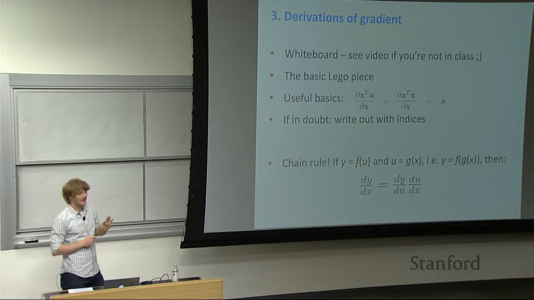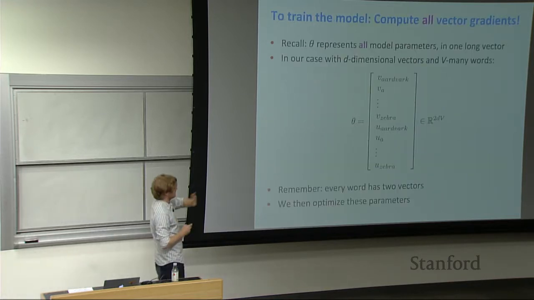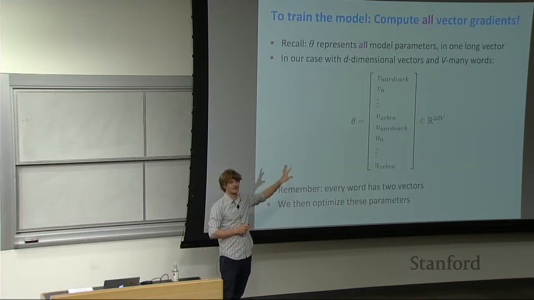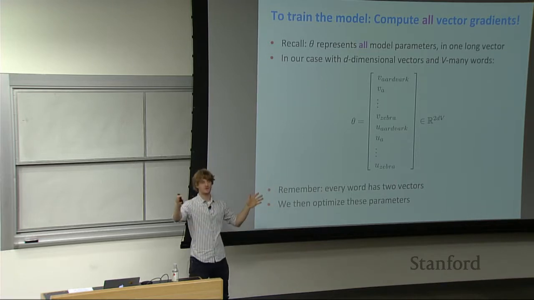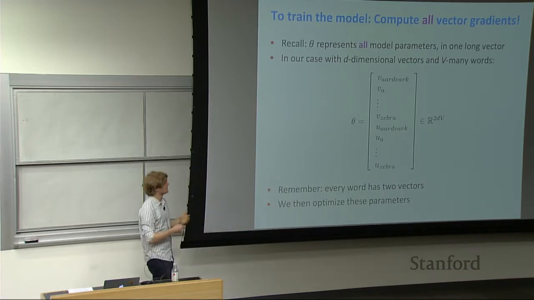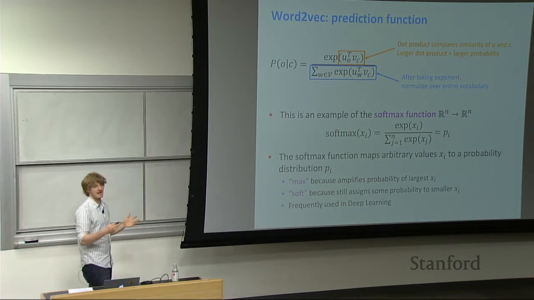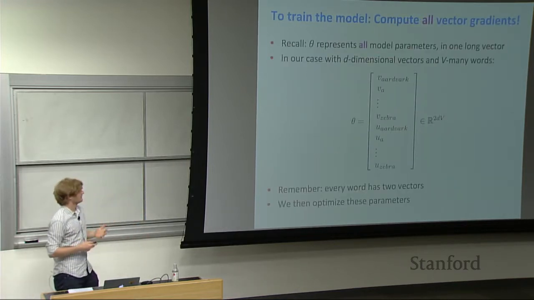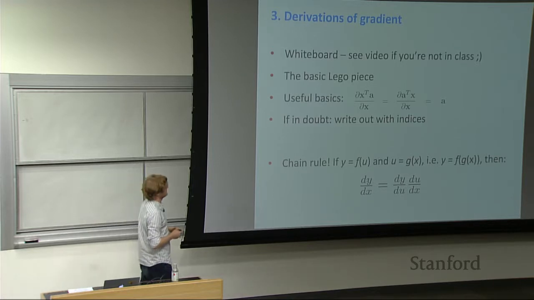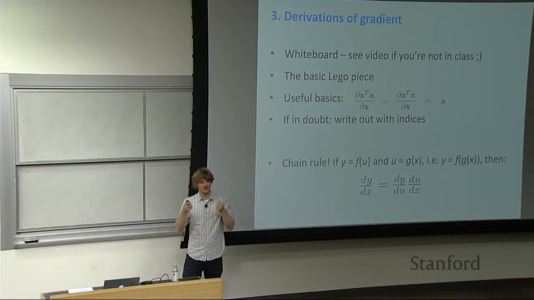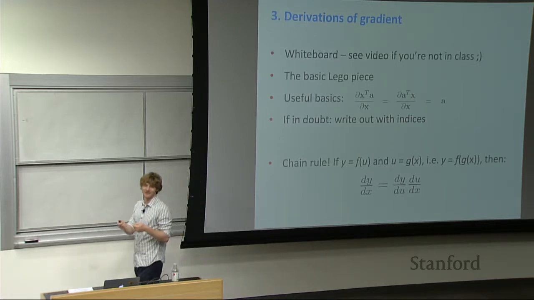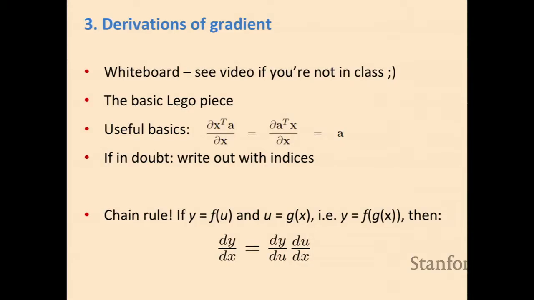OK, so now we know in general what our model is. We're going through all these windows, we have all these parameters, and we want to maximize the probabilities at each time, which is the same as minimizing the negative log likelihood of all of these. And now is the time to actually derive these gradients so we know exactly how to implement this model in math and then later code.